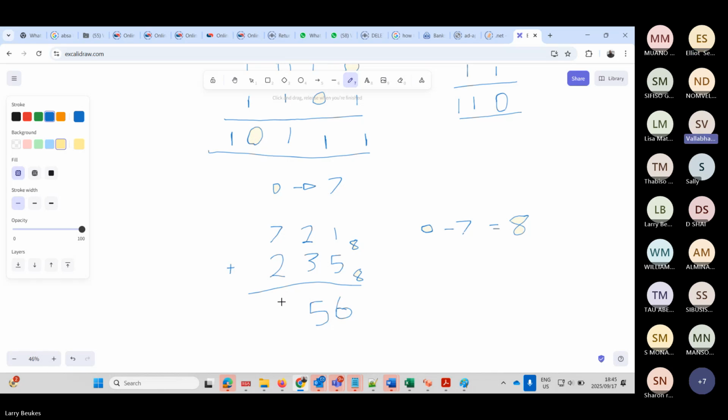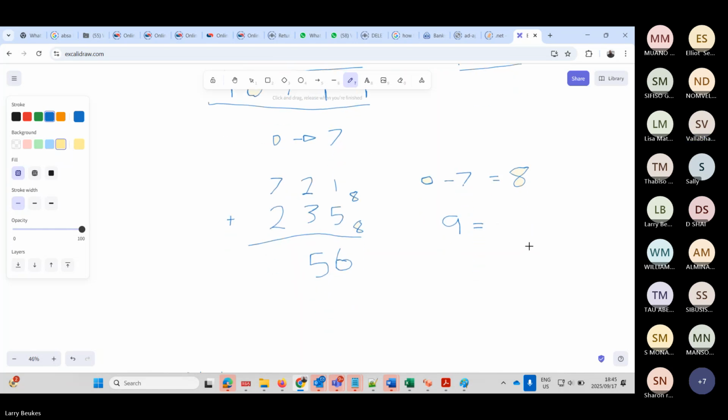So we should show them the table there. Just a second. Do you have the table? So 9 in octal will be. Let's show them the. It is always good for them to remember the table, because this is all a tedious thing.